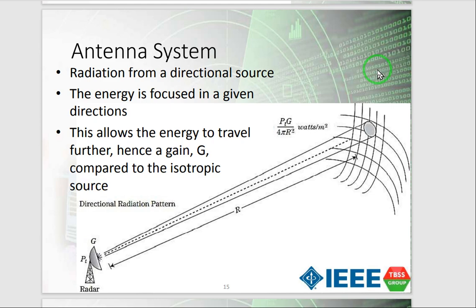The energy is focused in a given direction and also focused to receive the energy from the specific given direction, which allows the energy to travel or be received further in a constant manner in order to achieve the highest gain as compared to the isotropic source.